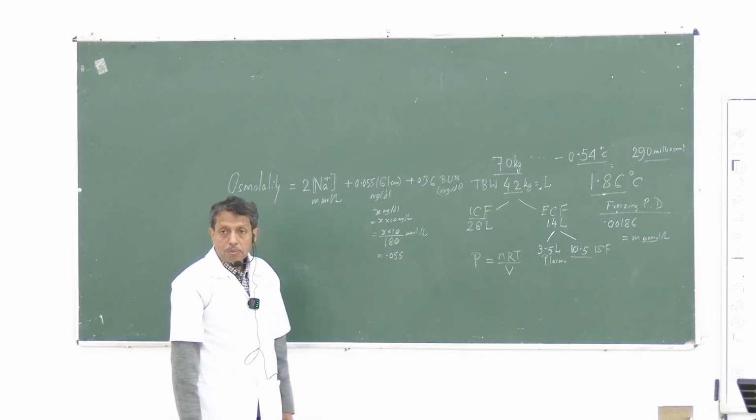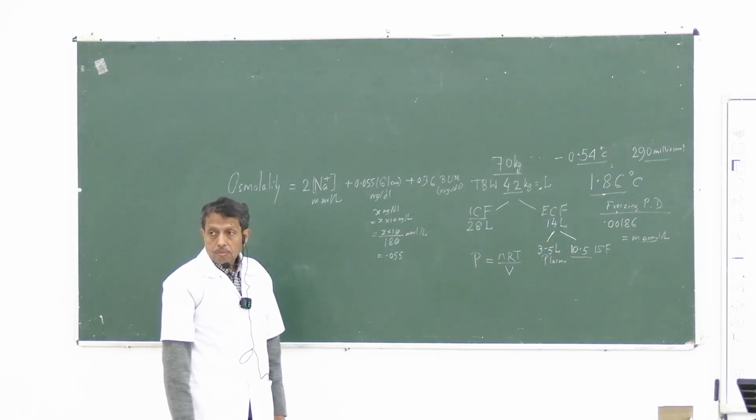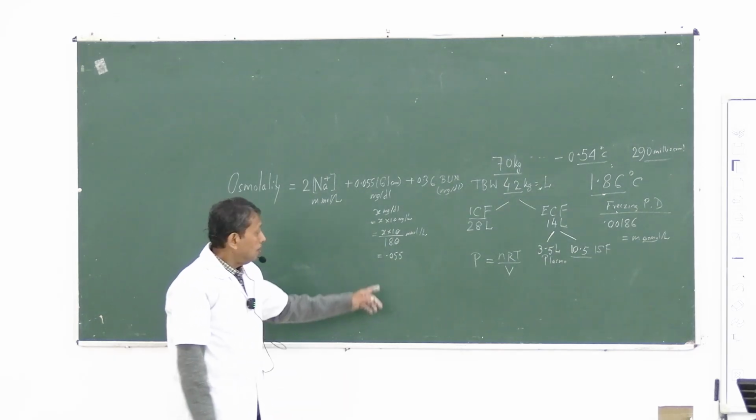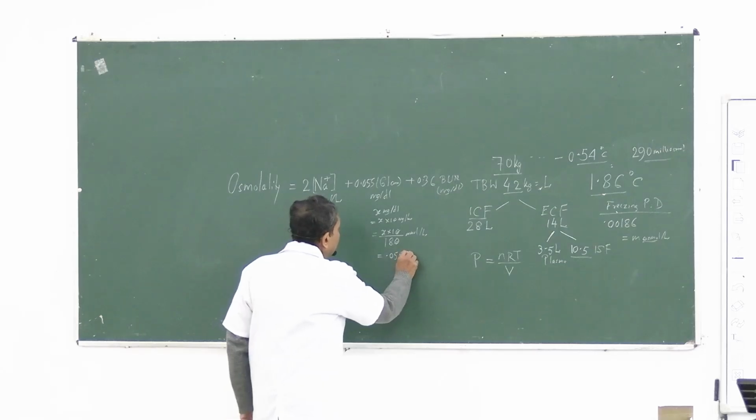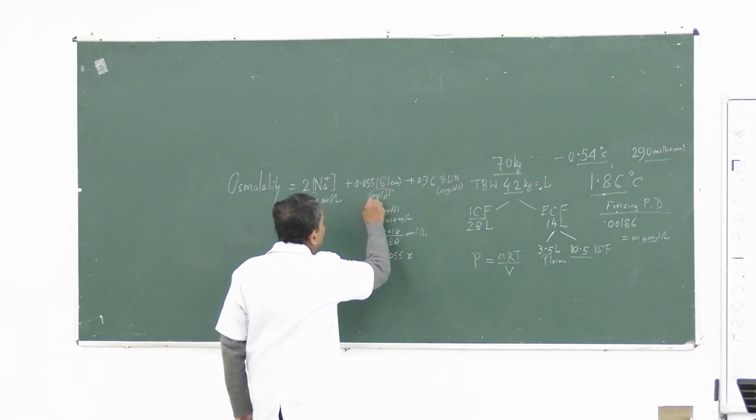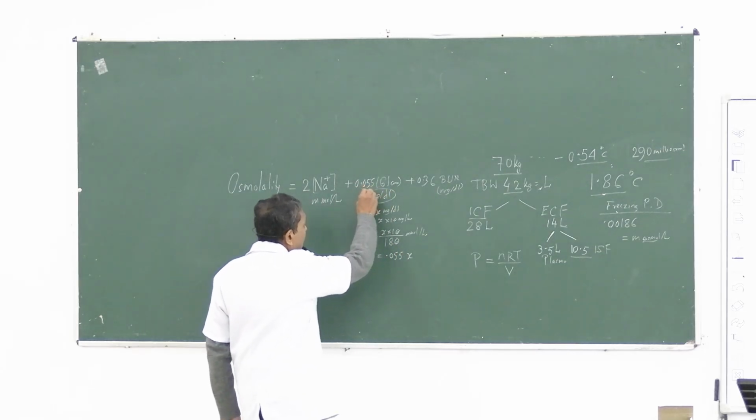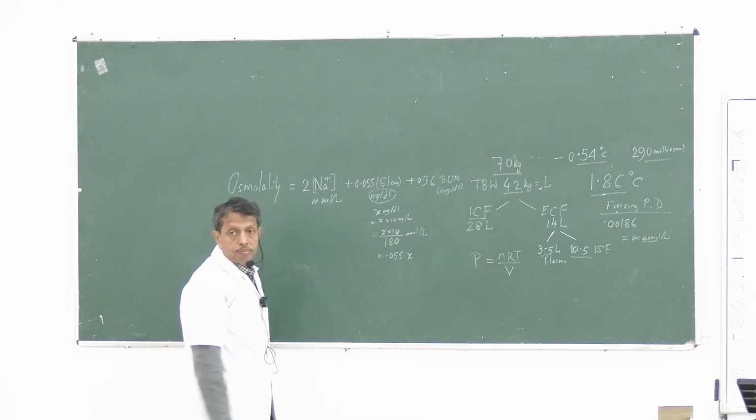If you divide 1 by 18, you get this value. So you multiply x with this and you get the millimole per liter.